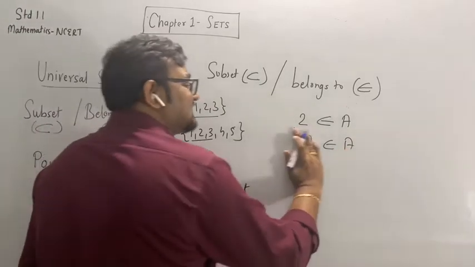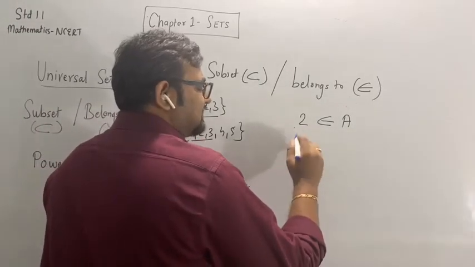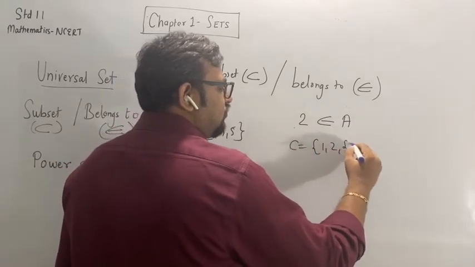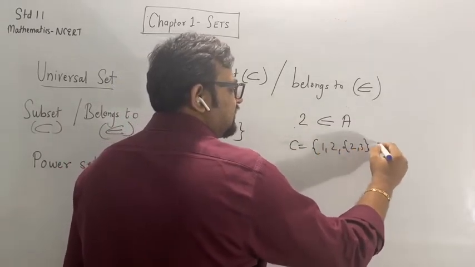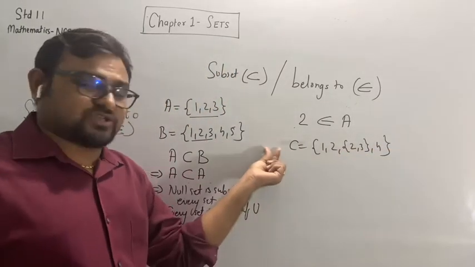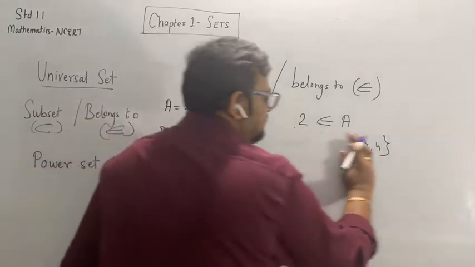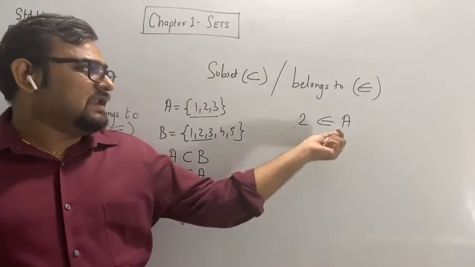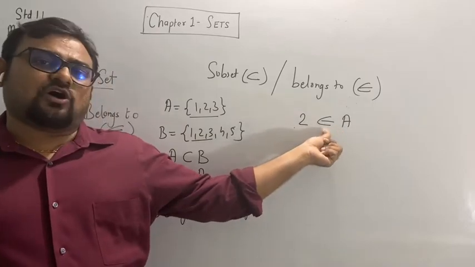Okay? But if a set is like this way, let's say C is 1, 2, {2, 3}, 4. Now in this case, I can write down that {2, 3} belongs to C. Okay? But when an element and a set is compared, you have to use the symbol belongs to.